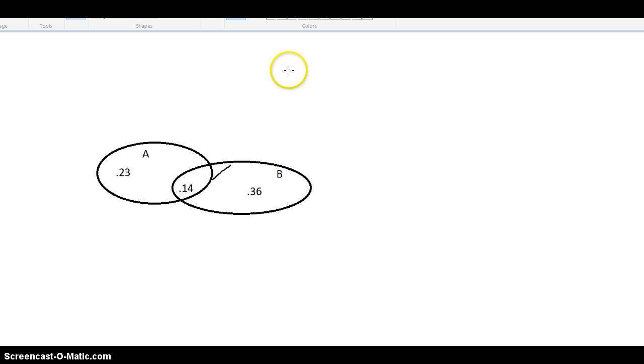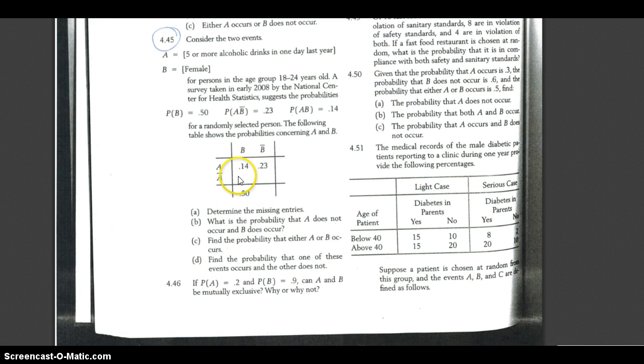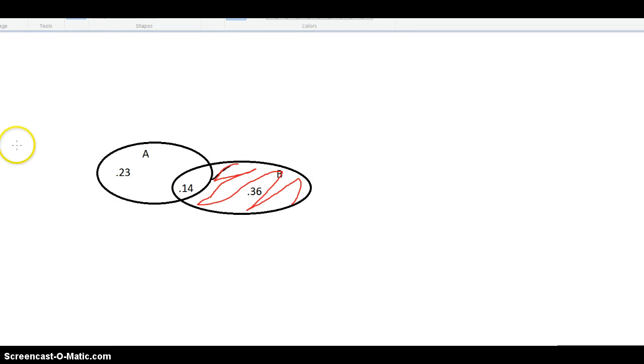So that's 0.36, so we can put in a table here, 0.36. And A bar B bar means outside of A and outside B.